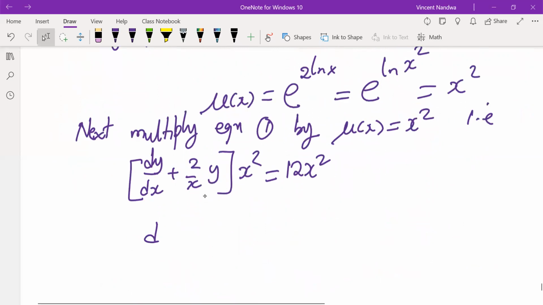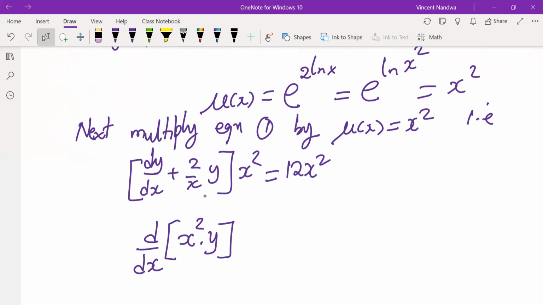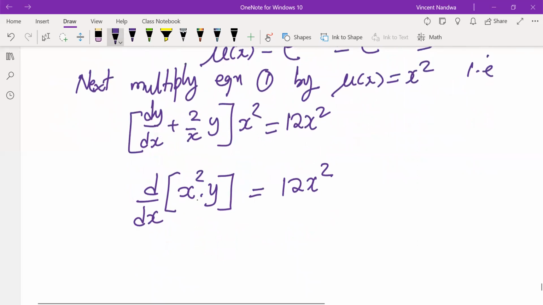Note that this is the derivative of the integrating factor x squared times the function y. That's usually the case, the y times the integrating factor. And when you expand this one, you get this expression. So this will be 12 x squared. Let's call this one equation 2.